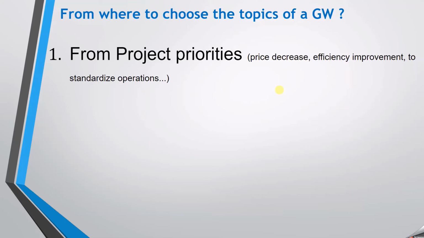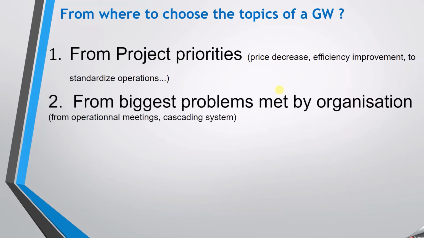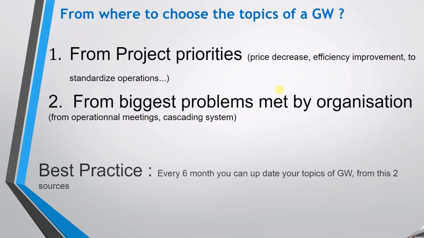The second source of the topics of Gemba Walk can be the biggest problem met by the organization, from operational meetings, from the cascading system you implemented. A good practice is every 6 months you can update your topics of Gemba Walk from these two sources.